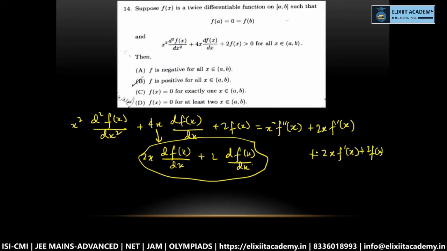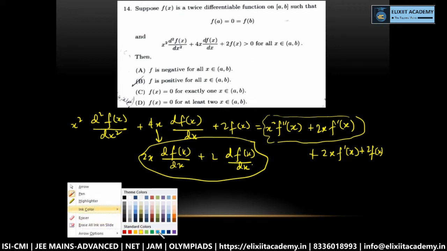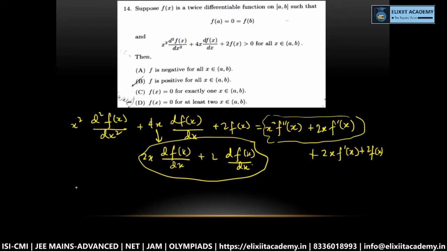So in this case, if you carefully observe this term, x squared f double prime x plus 2x into f prime x, this is d by dx of x squared into f prime x, right?